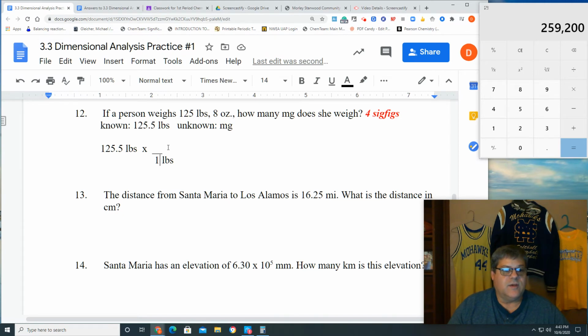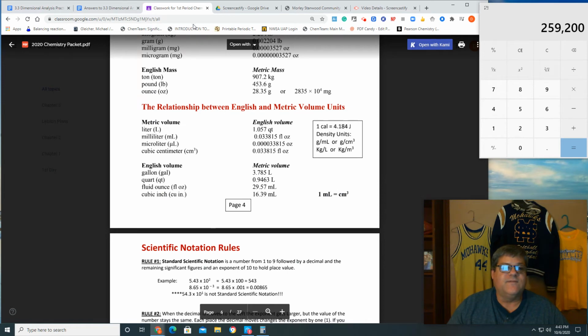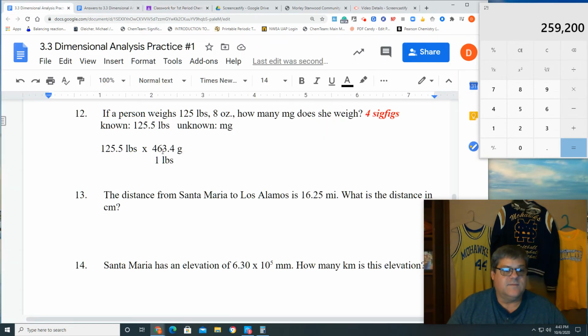So we're going to put 453.6 grams. Double check. I always tend to mess that problem up. I don't know how I always make those mistakes, but I do. That's why we keep double checking all these things.